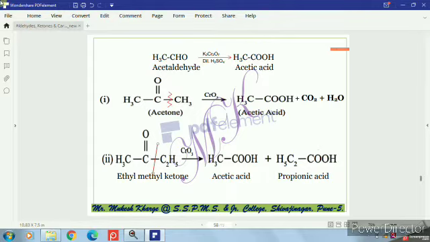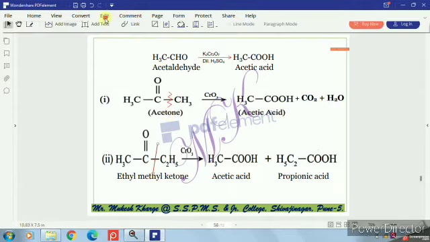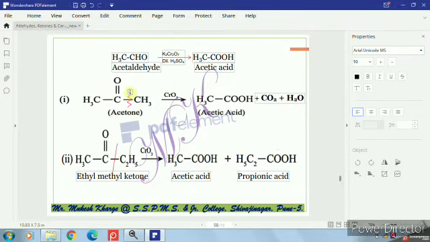Okay, so I think all of you understood the reactions. So how many oxygens are required for balancing the reaction? One oxygen is added here, two here, and one here. So in total we require 4 nascent oxygen.